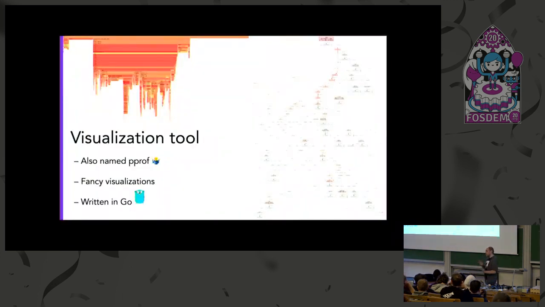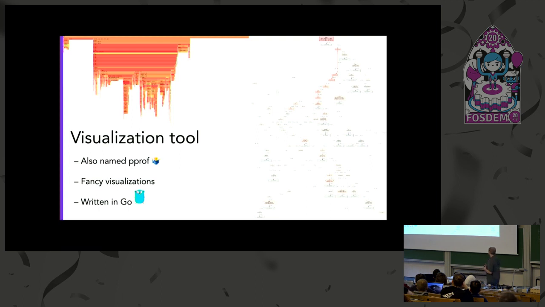pprof is also the name of the tool that you can install pretty easily if you know a bit of Go, but it's not that hard. It's able to generate this kind of flame chart, which you see on the top left, where you see all the stack traces, and the width is going to be either the size of the allocation in memory, the time you spend on CPU, etc., depending on the statistic that you gathered.